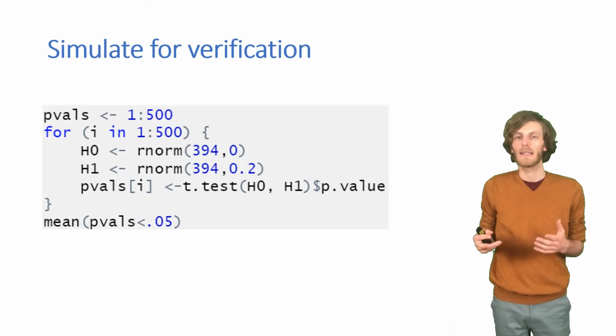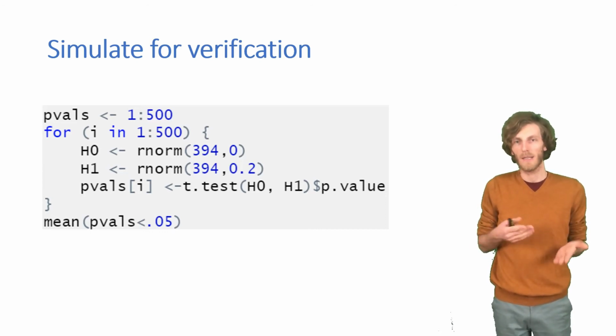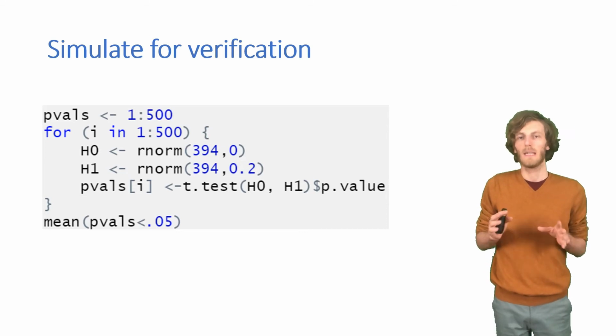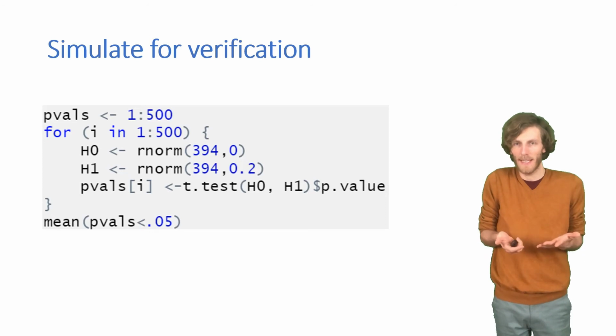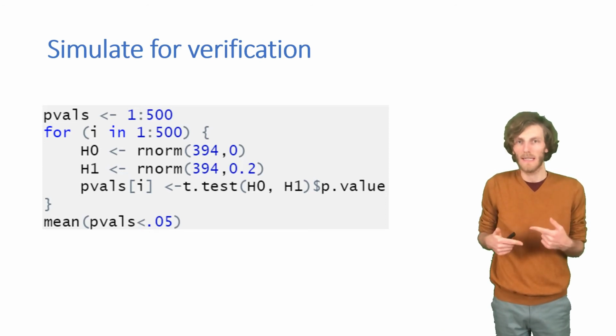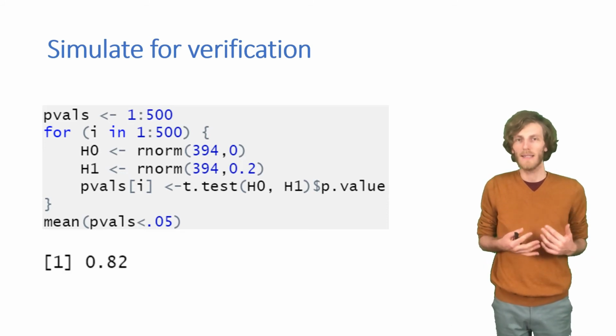And then I'm calculating all the p-values for these 500 samples and then seeing in what share of situations the p-values are smaller than 0.05. And in a particular run, of course, every time you run it, you get a different number, since these are randomly generated numbers. By the time I run it, I got 82% power. So these two results clearly go together.